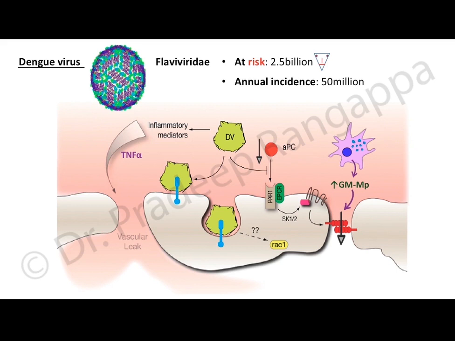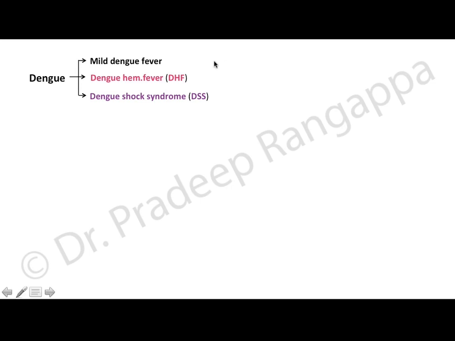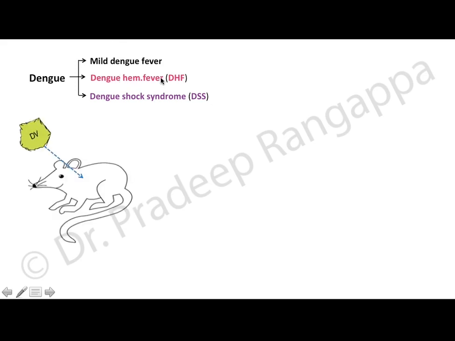So these are the three main pathogenic mechanisms which cause transcellular and paracellular leakage, which leads to your hematocrit rise and the fluid loss. The clinical spectrum of dengue can be divided into mild dengue fever, dengue hemorrhagic fever, and dengue shock syndrome.